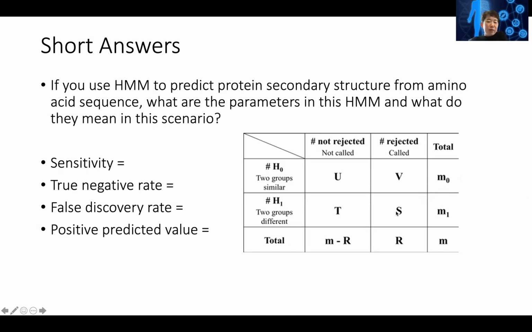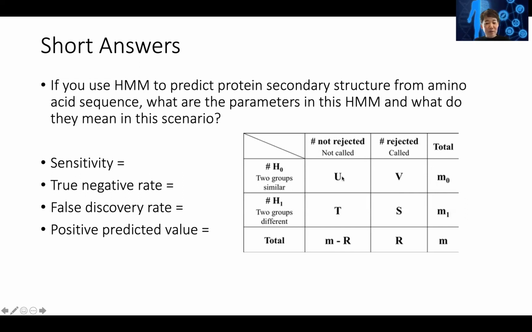What's the true negative rate? These are the cases where the two groups are not differentially expressed, and you are not calling them. So it's U divided by M0, exactly.